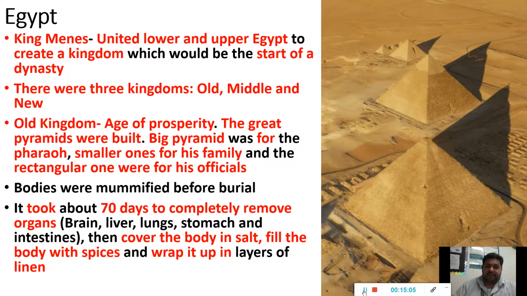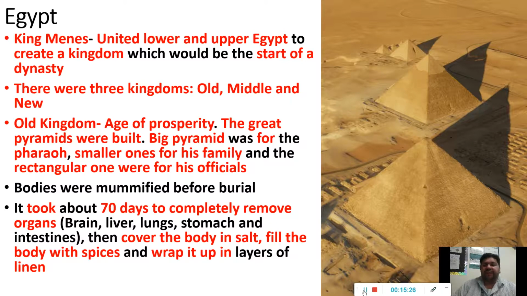I forgot to mention that Egypt was basically segregated. They had their own upper level, lower level. One side saw themselves as more superior than the other, and vice versa. But he united them and served as the first king.